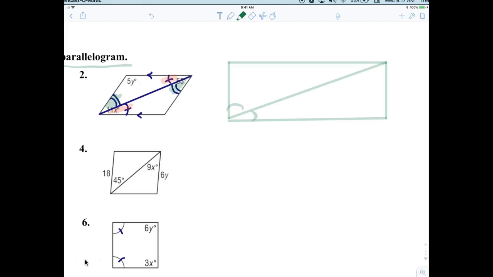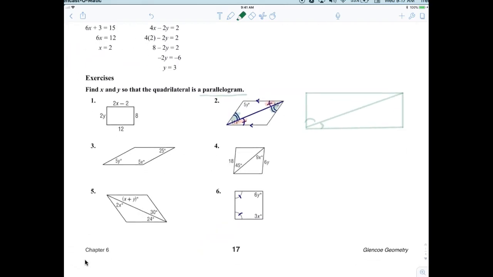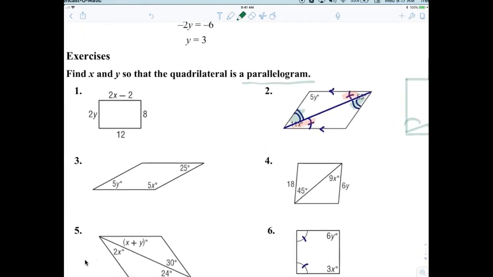I don't understand, how do you tell by looking at a shape the difference between whether it's a quadrilateral or a parallelogram? Quadrilateral just means it's four sides. Let me explain something. I haven't even finished my explanation. Quadrilateral just means it has four sides.